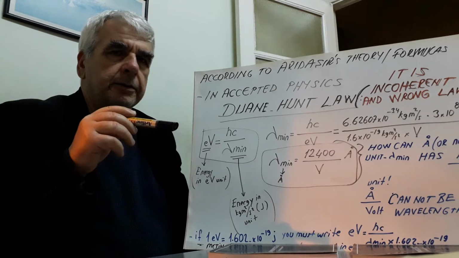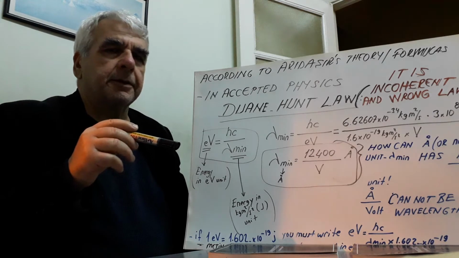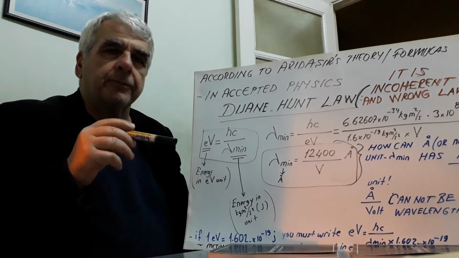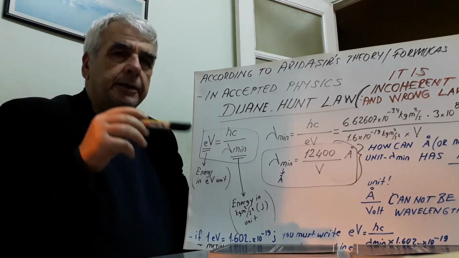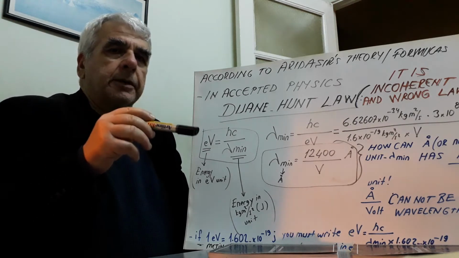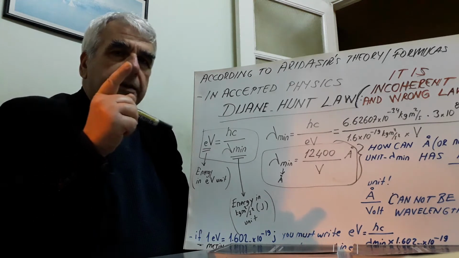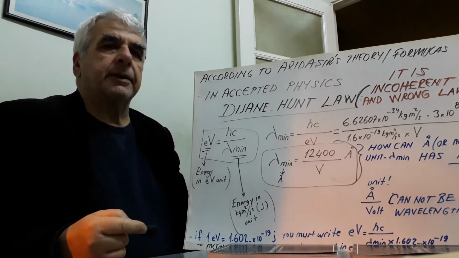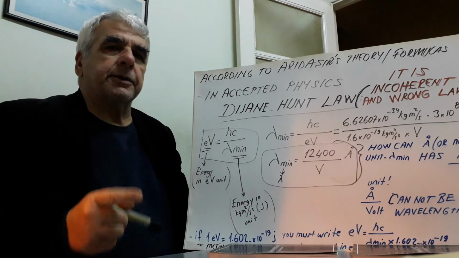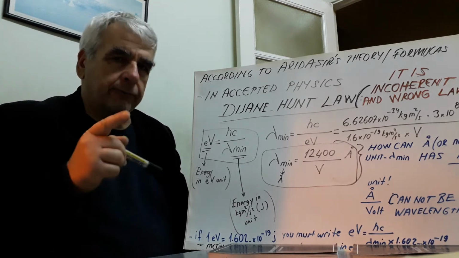There are deep problems, because for an electron only one mass is defined, only one energy is defined, and wrongly.